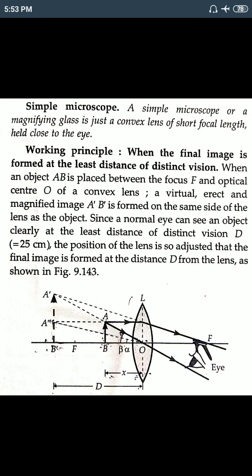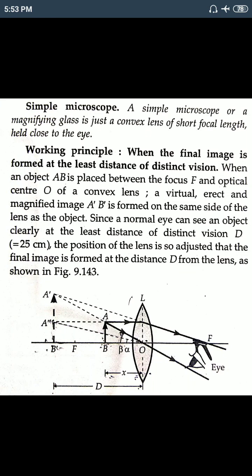The normal eye can see an object clearly at the least distance of distinct vision, which we know is 25 centimeters, where we do not put any pressure or stress on our eyes and can clearly see the image. That is called the least distance of distinct vision.